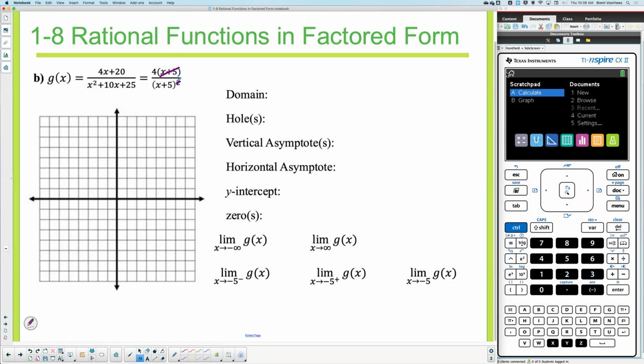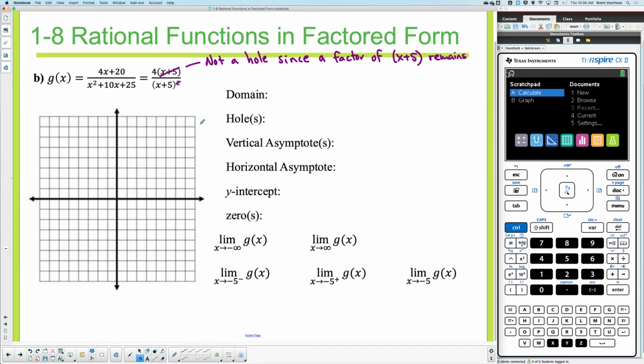Now, if this is the case, that's not going to be a hole. Here, this is not a hole. And here's why. Since a factor of x plus 5 remains, it's not a hole.